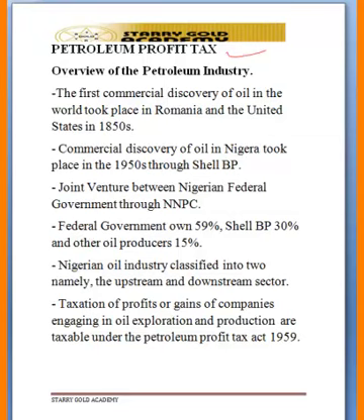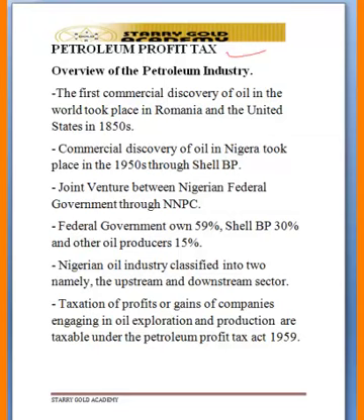The joint venture has it that the federal government owns 59%, Shell, British Petroleum, BP owns 30%, and other oil producers own 15%. Joint venture was entered into to allow the extraction and exploration of oil.